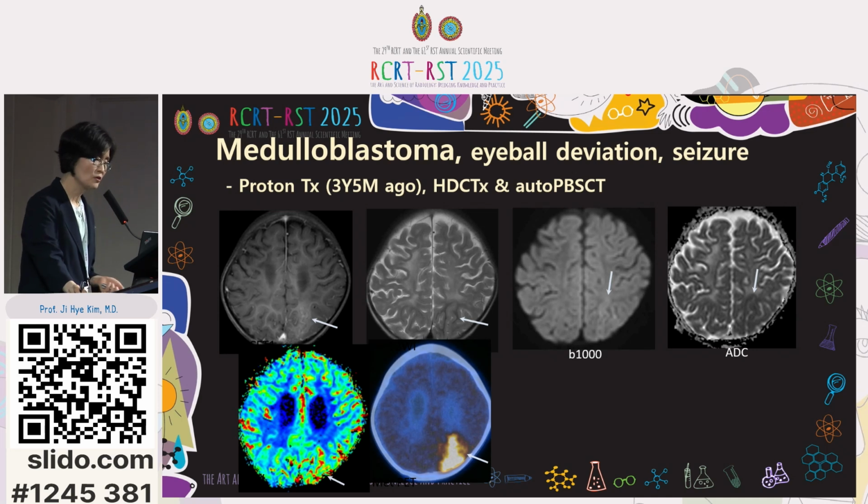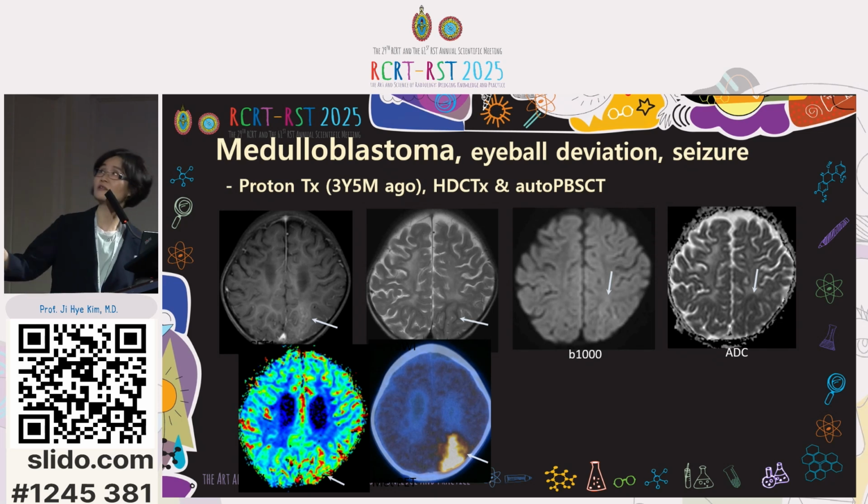In this particular patient with medulloblastoma with stroke-like symptoms who underwent irradiation, we can see very subtle enhancement here. And the involved area shows darker signal intensity of the white matter and mild diffusion restriction. The perfusion increased here, and there is a strong methionine uptake raising concern of recurrent tumor.